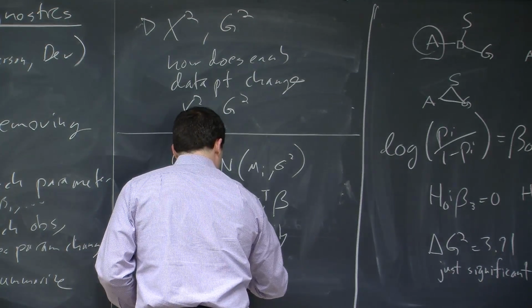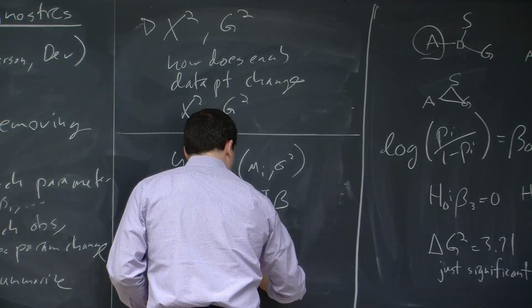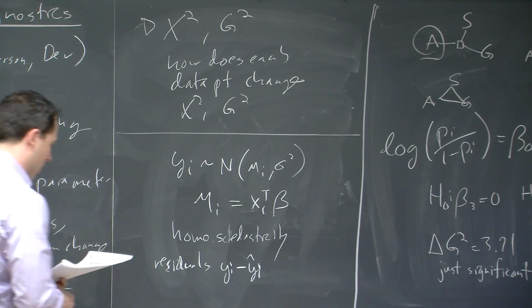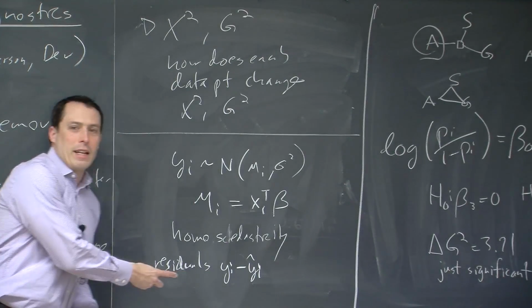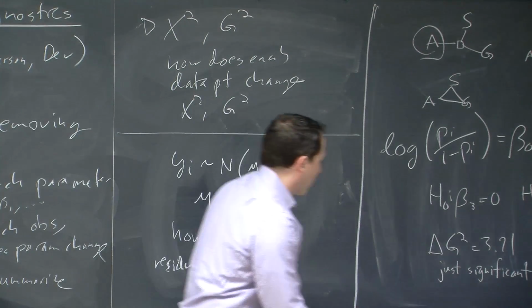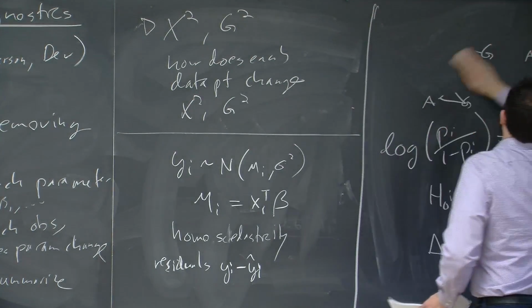And so we often look at the residuals. We have our true value yi, and we subtract our estimated yi, and we look at the spread of those values. If there's any systematic pattern in those other than a nice horizontal band, that's evidence that there's something potentially wrong with our regression.